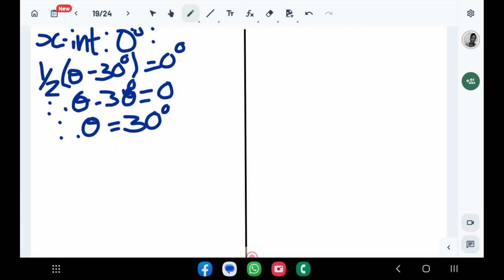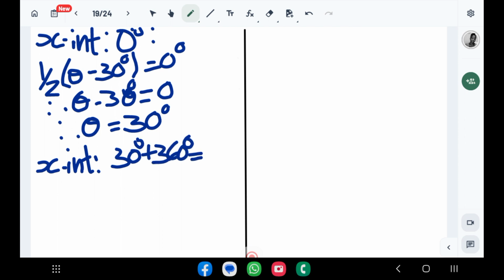Now, to figure out what the next x-intercept is going to be, we add. So that's x-intercept 1, x-intercept 2. We will have to add 360 degrees. 30 degrees plus 360 degrees equals 390 degrees, which is outside of the range for this particular case. On the left hand side, let's subtract 360 degrees.